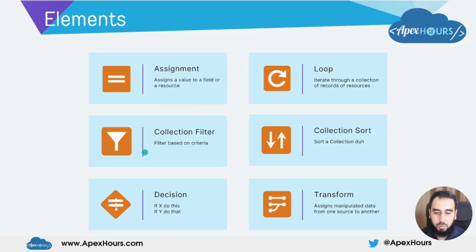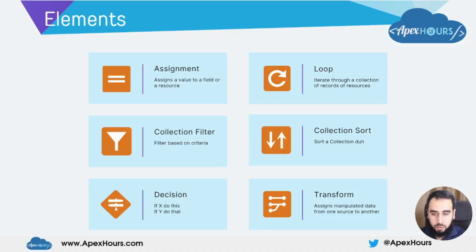In a flow, we can have a collection of records. So we're going to talk about the get elements in a second, but we can basically query or get some records from the database. Say get or collect all the opportunities in the system. Let's say we only have 10 opportunities in the system.